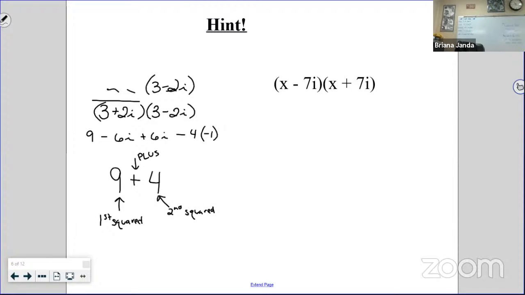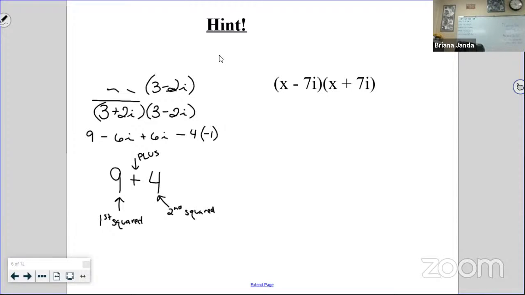Well, that doesn't change when it becomes x's. So what we're going to see today is this conjugate thing going on with an x minus 7i and an x plus 7i. If I FOIL this, yes, I can FOIL it the long route, but I can also try this shortcut that says it's going to be my first term squared plus my second term squared.